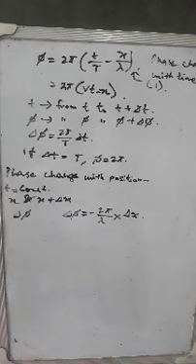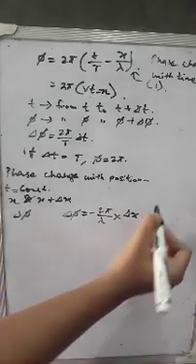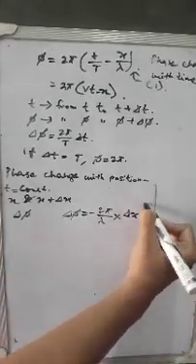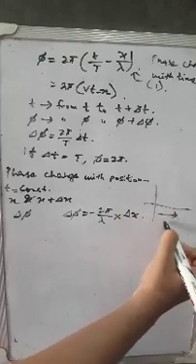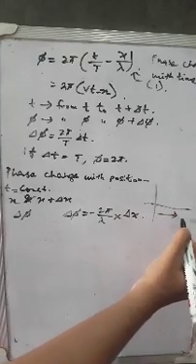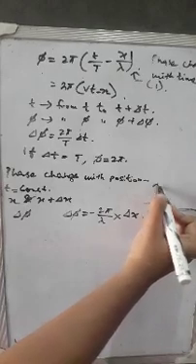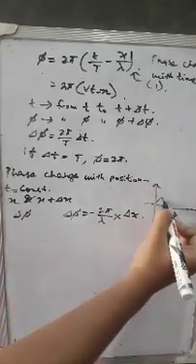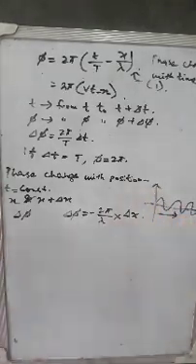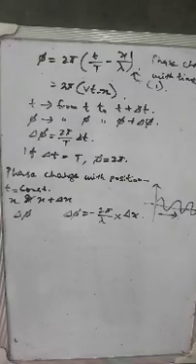The negative sign indicates that for a wave traveling in the positive x direction, just imagine this is your graph and the wave is moving in this direction, along the positive x axis. For a wave traveling in the positive x direction, particles having higher values of x lag behind in phase.